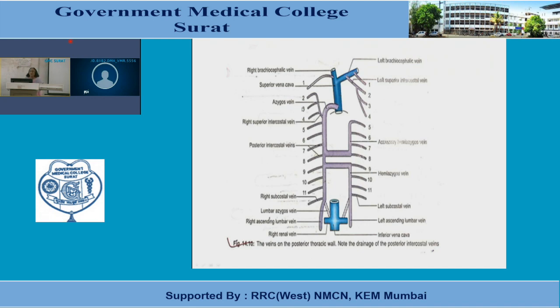And here the azygous vein ultimately drains into the superior vena cava. So this is about the commencement of the azygous vein, which ascends up, arching over the hilum of the right lung, and ultimately opens into the superior vena cava, and the superior vena cava drains the impure blood into the right atrium of the heart.